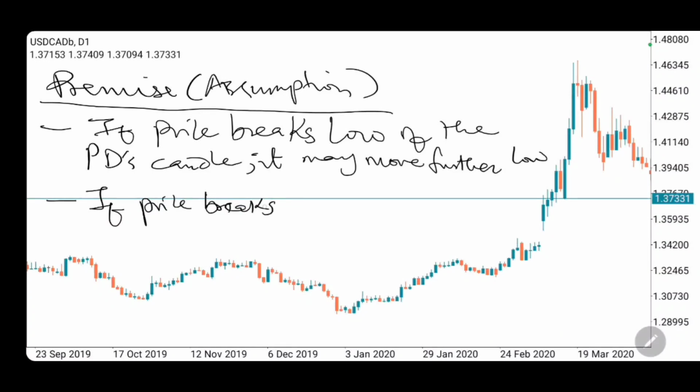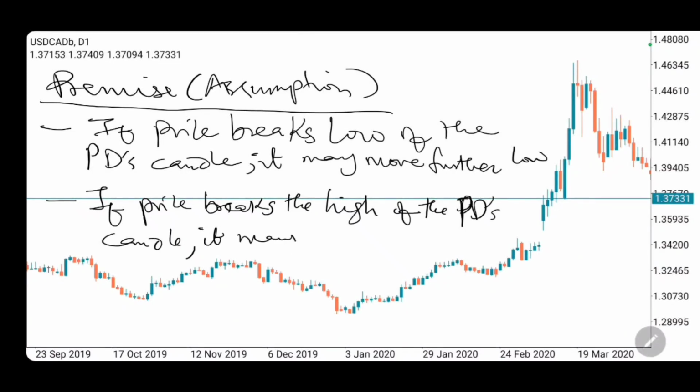Or if price breaks the high of the previous day's candle, it may move further high.